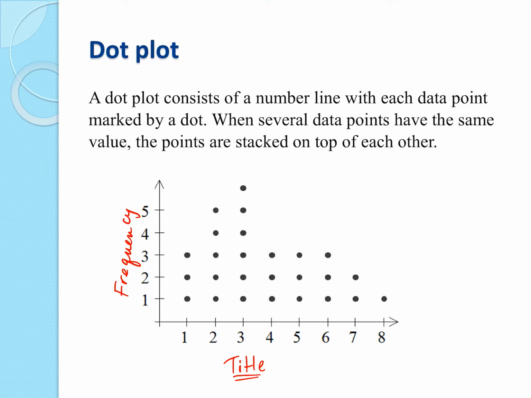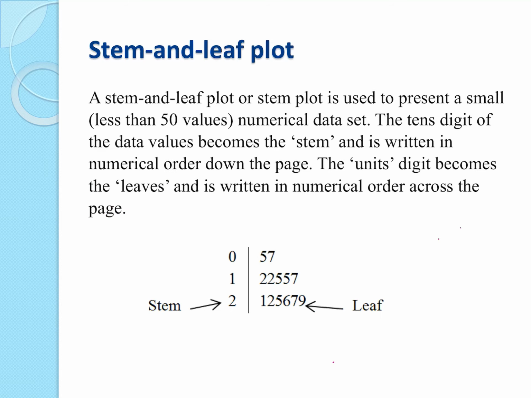The next one that we're going to look at is the stem and leaf plot. We use stem and leaf plots for data sets that are relatively small, less than 50 values, otherwise this would be rather time consuming. So with our data values, the stem comes from the tens digit of the value, and the leaf comes from the units in the data values that we're dealing with.